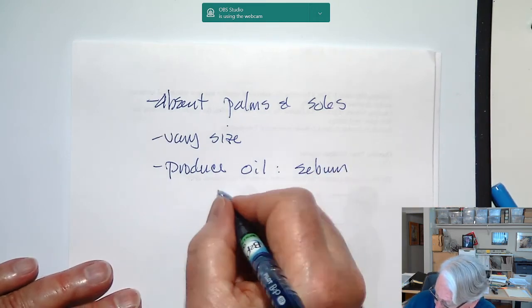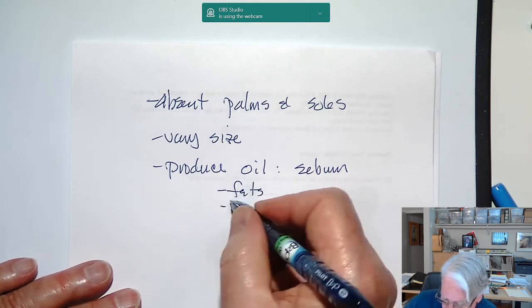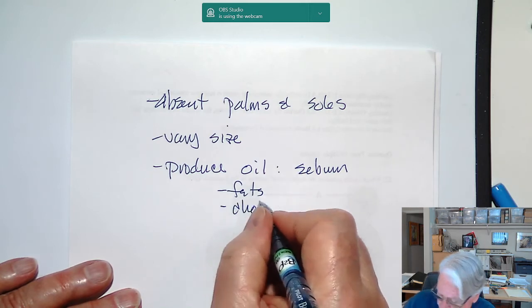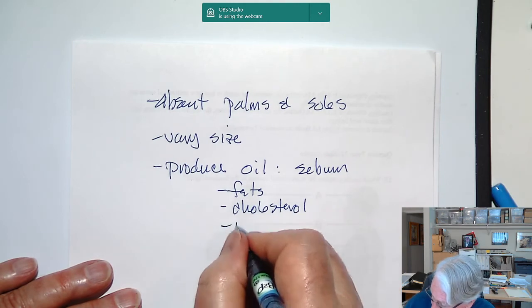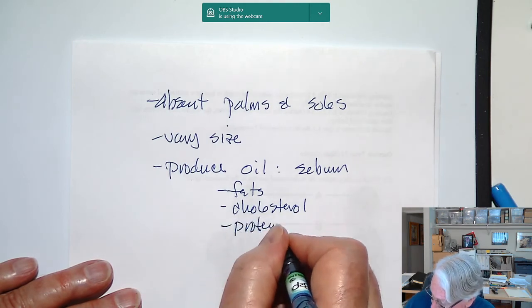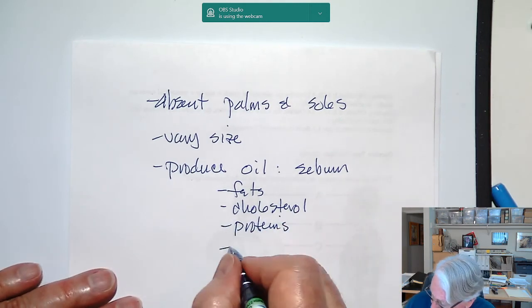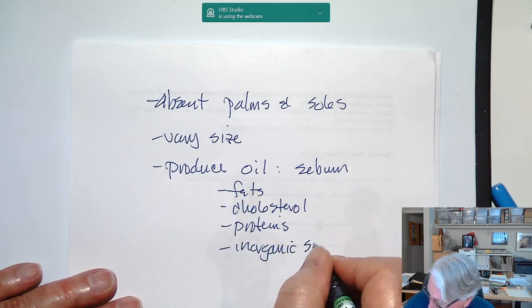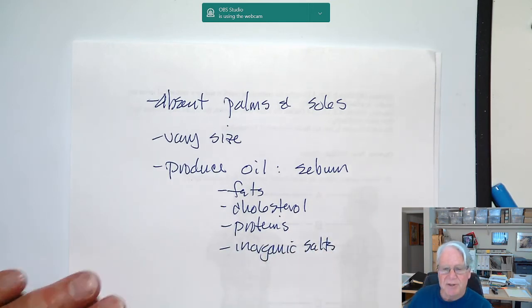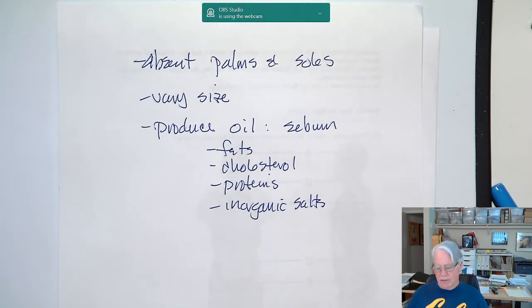And this consists of fats, cholesterol, proteins, a mixture of organic substances, and inorganic salts. And you know what the definition of an inorganic salt is.